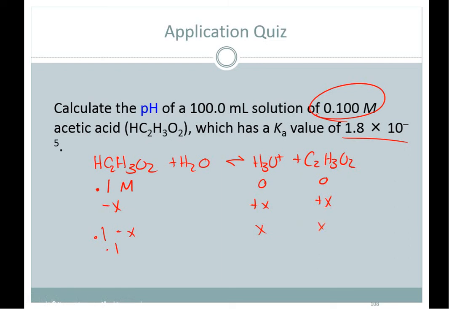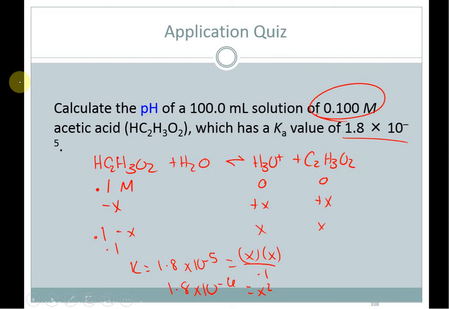When we do that, we get our K value is equal to 1.8 times 10 to the minus 5, which is equal to x times 0.1, or 1.8 times 10 to the minus 6 is equal to x squared.